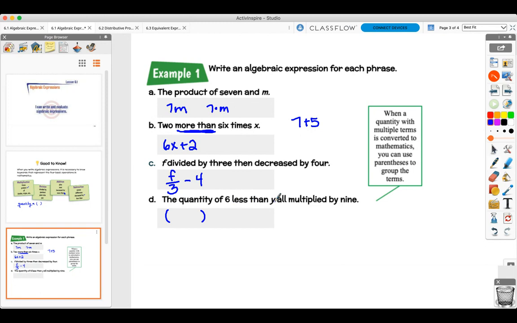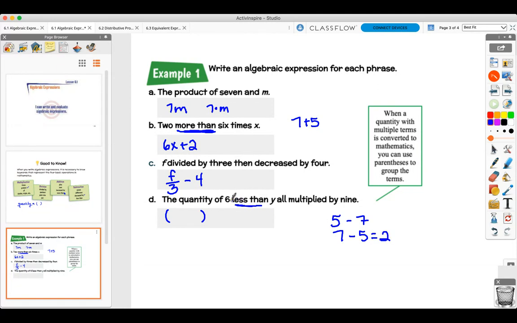6 less than y. So this is another tricky one. Less than is similar to more than. So like when you say 5 less than 7, are you doing 5 minus 7, or are you doing 7 minus 5? When you say 5 less than 7, you know that the value of that is 2, and the only one of these that 2 comes from is 7 minus 5.